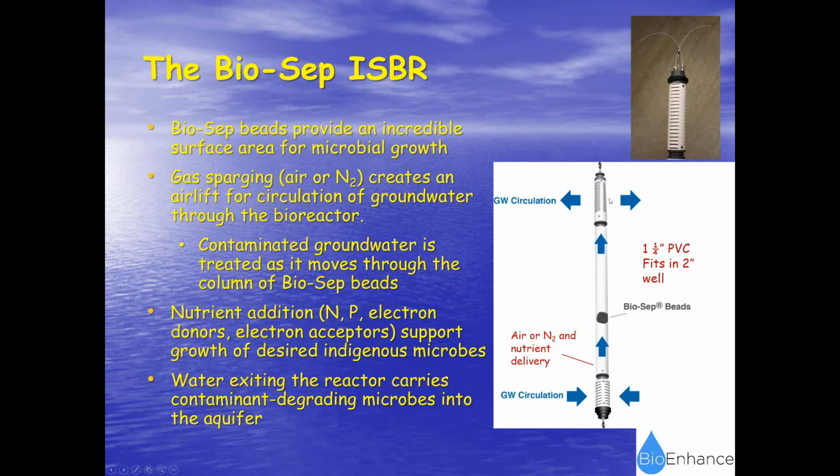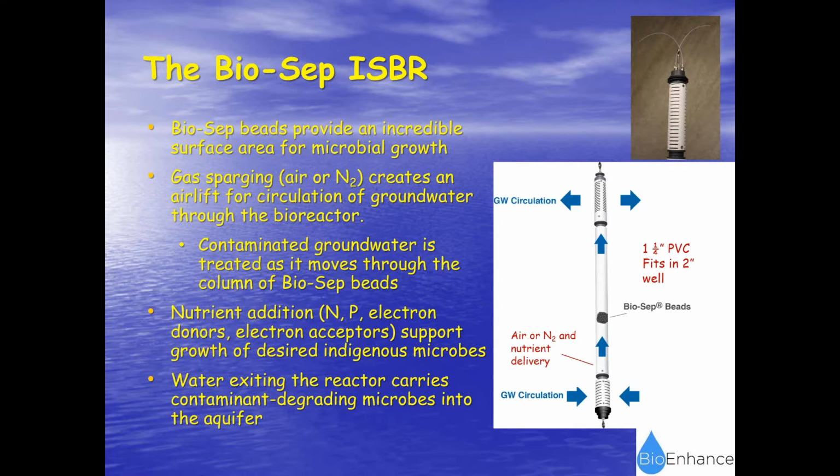Now, degradation occurs as I've just described it, but one of the most important features of the in situ bioreactor has to do with properties of the Bio-Sep beads. Bio-Sep beads do have a finite carrying capacity, which means that microorganisms will grow and multiply on the inside of the beads up to a point at which the available space is occupied by biomass.